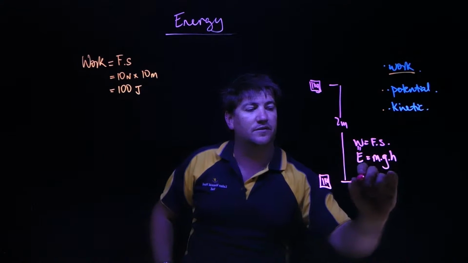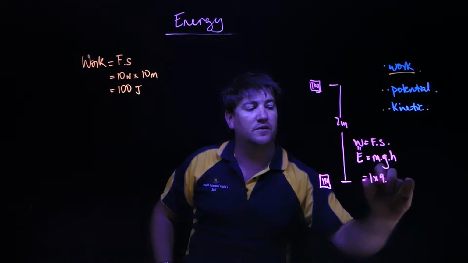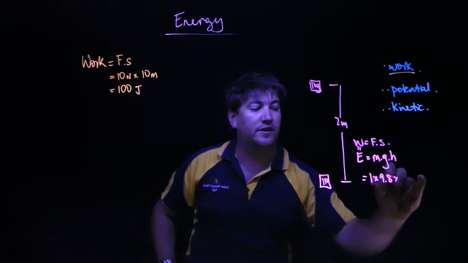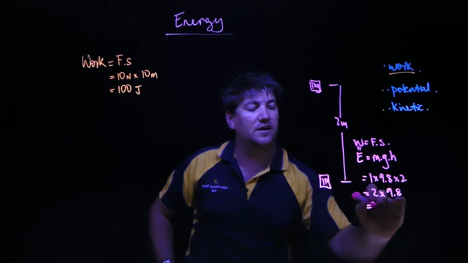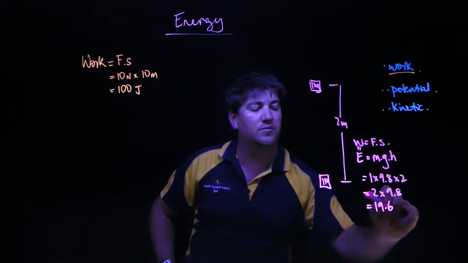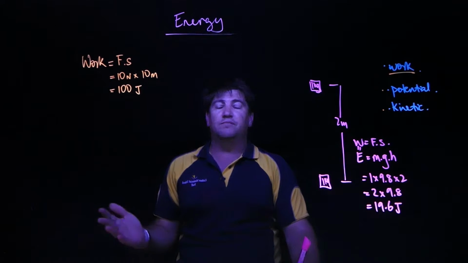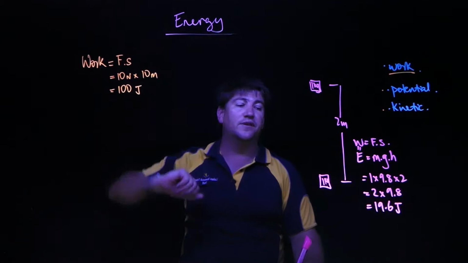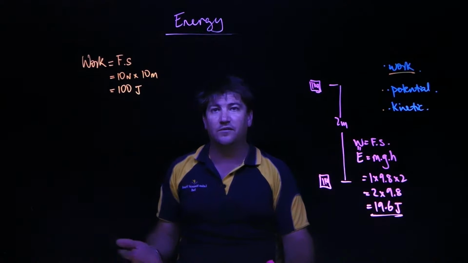So it takes us, in this case here, mass 1 times 9.8, that's gravity, times 2, is 2 lots of 9.8, 19.6 joules worth of energy. So we've got this 1 kilo mass water bottle, and we've lifted it 2 meters in the air. That's taken 19.6 joules of energy.